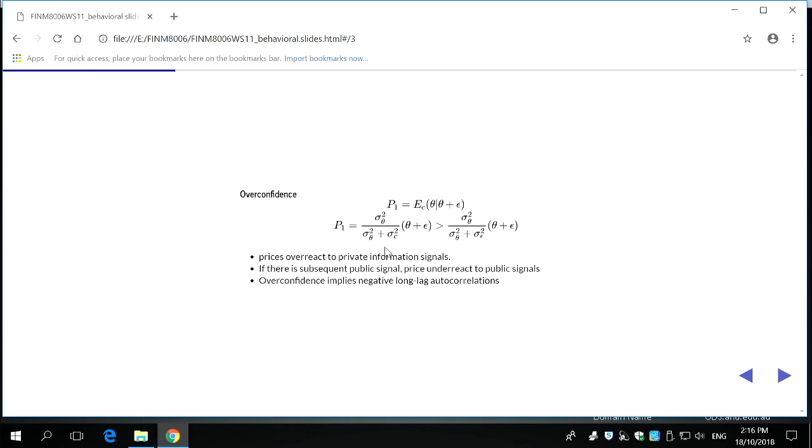We talked about this rho in the signals, and this coefficient, which is informativeness, times theta plus epsilon. Because this individual has behavioral bias, sigma c squared is actually smaller than sigma epsilon squared, which means the price that ends up in the market will be higher than what the true signal implies. So this causes the overreaction to your private signals.